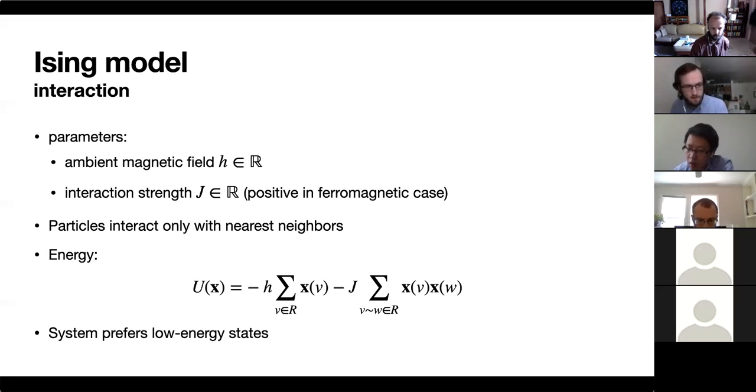Another assumption we're going to make is that the particles only interact with their nearest neighbors in the cardinal directions, so not diagonally. And another physical comment: according to some sources, at least, the interactions that make the spins align with each other are not purely the electromagnetic force.